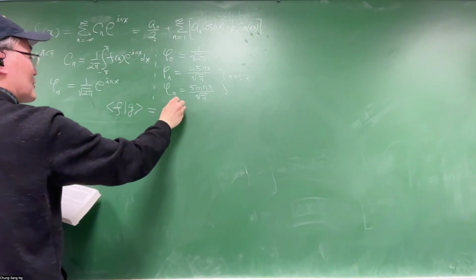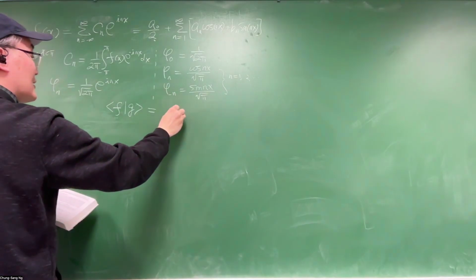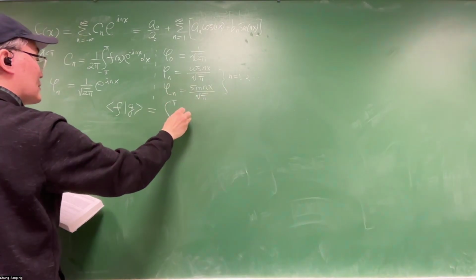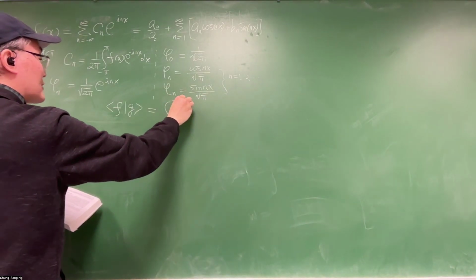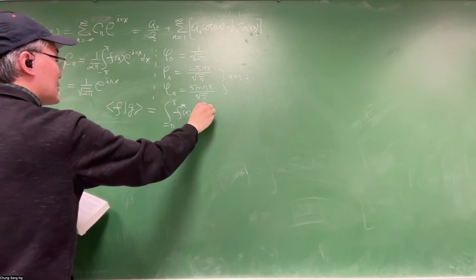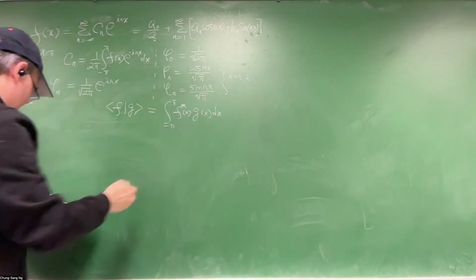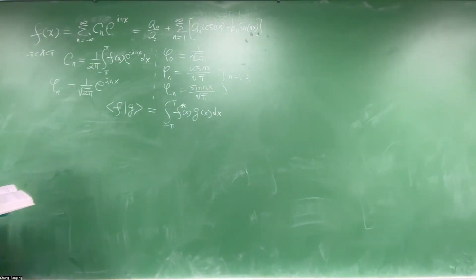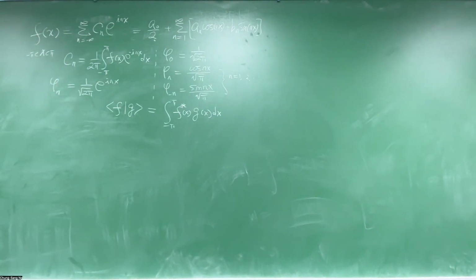For the Fourier series, the domain is minus pi to pi, and the scalar product is defined as integrating over the domain, so f complex conjugate times g, from minus pi to pi for our domain. And your textbook uses 0 to 2 pi, that doesn't matter because all these are periodic.